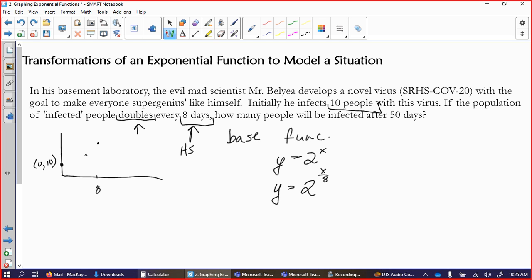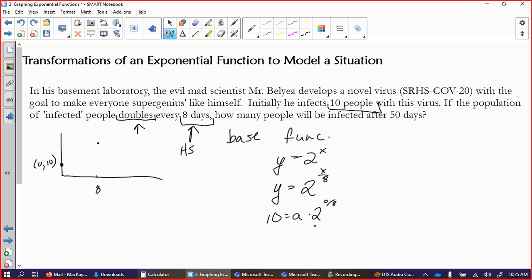So this one is a little bit easier. We have to find our a value. The asymptote hasn't shifted because it's not going down. Technically, if we went into negative time, it could go there. Our 0 and 10 tells us 10 equals a times 2 to the 0 over 8.